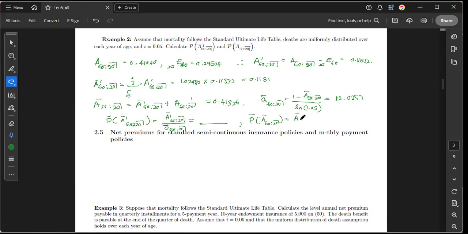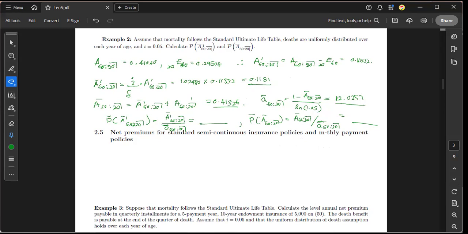So the continuous endowment present value benefit is divided by the same temporary life annuity of continuous payment. So you will get two answers here. You have calculated all the things here, here, and here. So using these three quantities, you can calculate these two numbers.